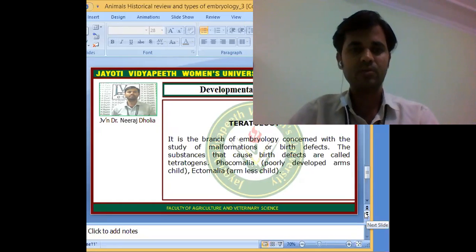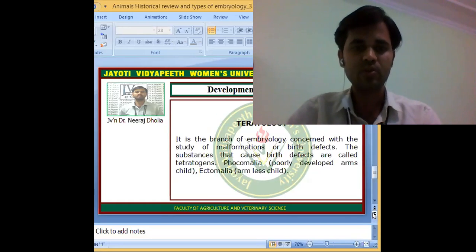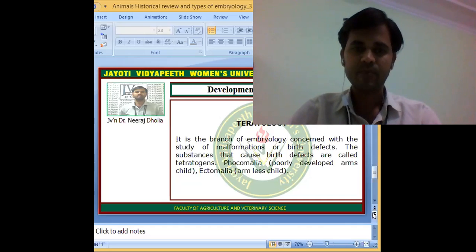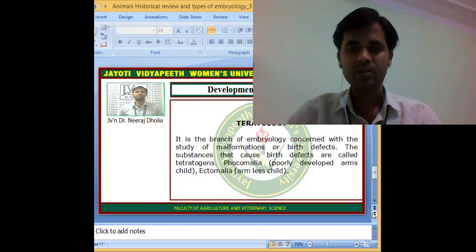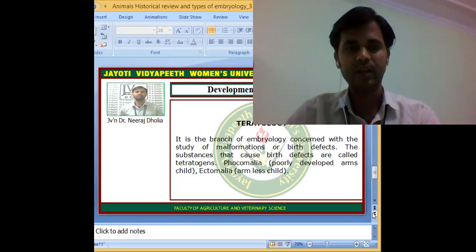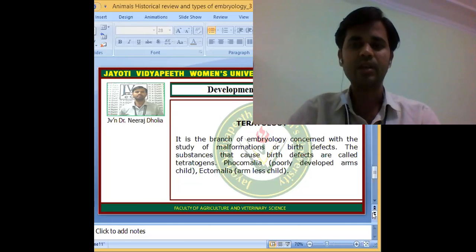Malformations means the underformation or overformation, the disappearance of a few organs, or fusion of some organs at the time of the embryological development, collectively known as birth defects. The substances that cause birth defects are called teratogens, and that's why this is known as teratology. So the study of teratogens on the embryological development is known as teratology.